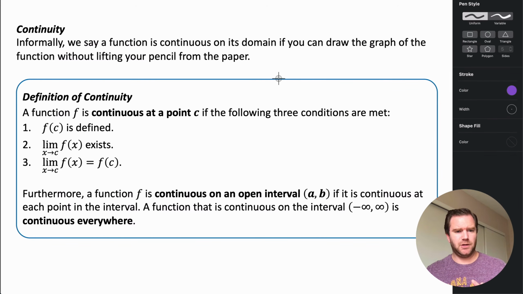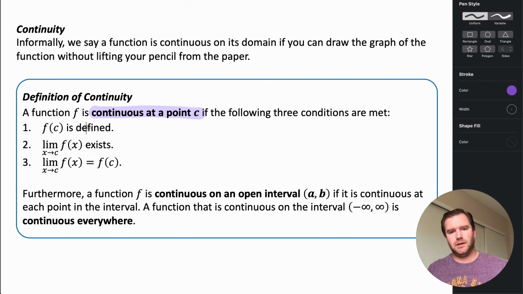But the formal definition of continuity is a little bit more nuanced, and these three pieces have to all be met in order for us to be able to say officially that something is continuous. So in order for a function to be continuous at some point, the following three conditions must be met. First, the function has to be defined.